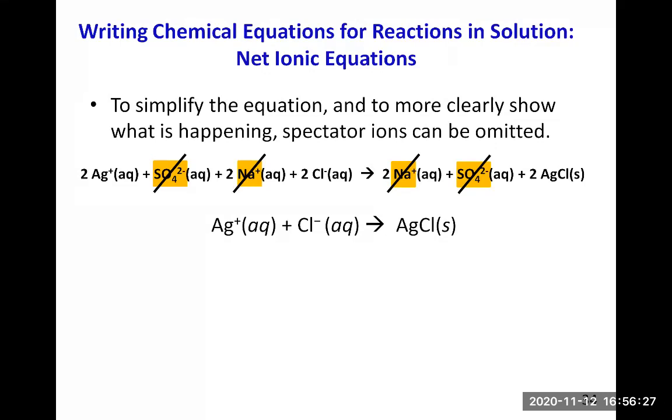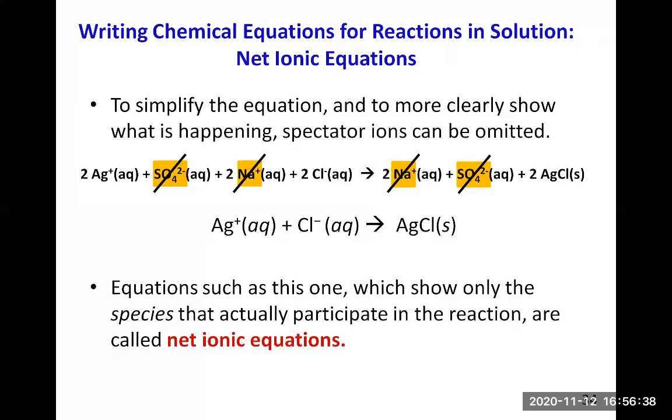So this reaction comes down to just having the silver ion reacting with the chloride ion and making the solid or the precipitate AgCl. And so equations such as this one, which show only the species that actually participate in the reaction, are called net ionic equations. So that's the net ionic equation for the previous equation we looked at.